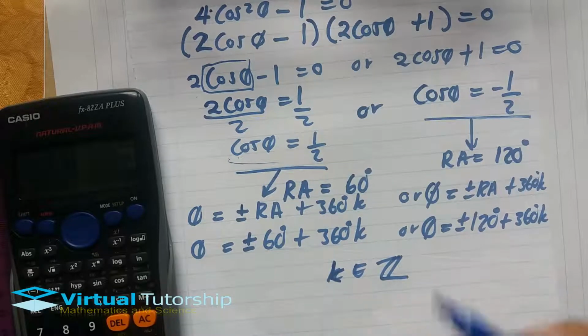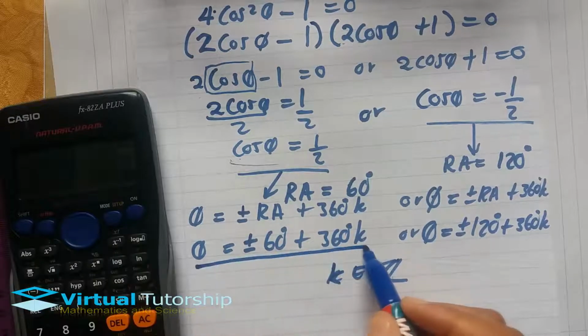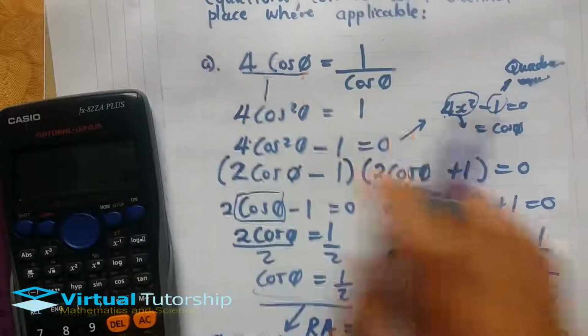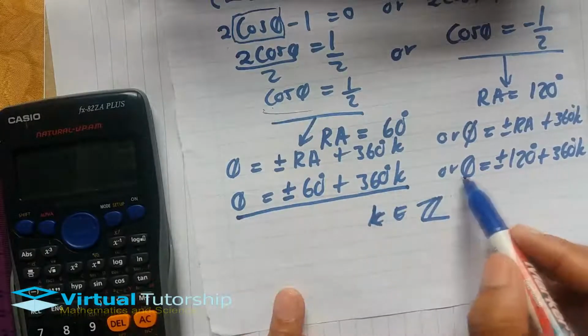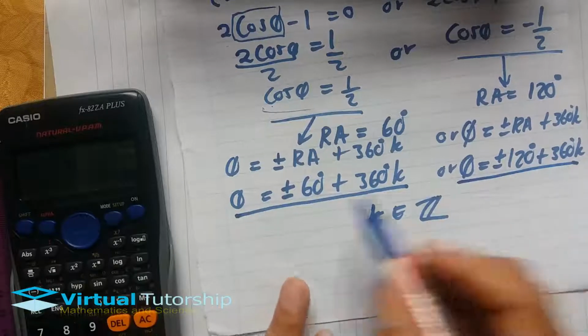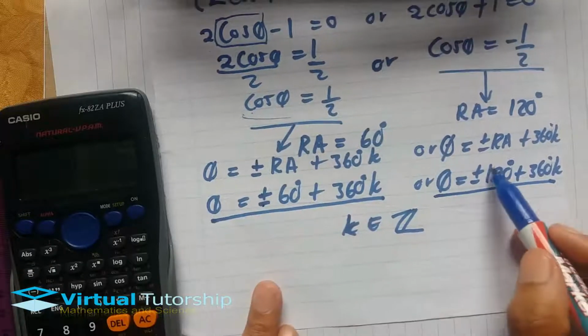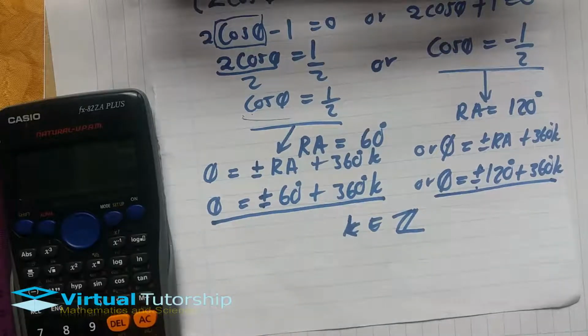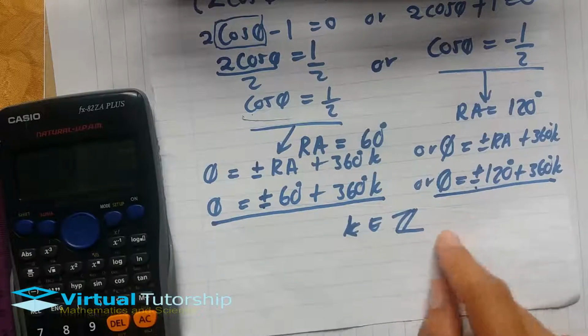So k is really integers. So the general solution for this equation is two, this one and this one, but really four, because one is plus and the other negative, one is plus and the other negative. So that is how you get the general solution for this one.